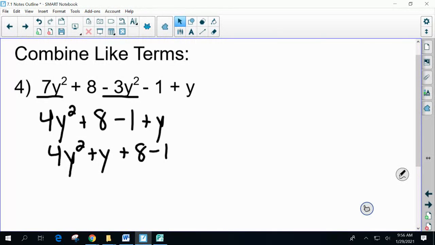Okay, and then the last thing I need to do is combine my positive 8 minus 1. So I would end up with 7. So 4y squared plus y plus 7.